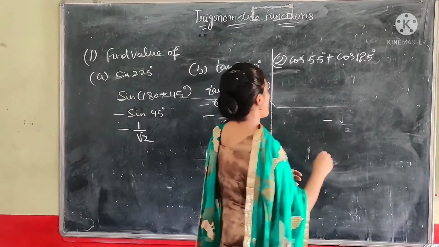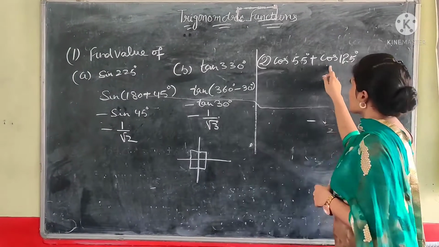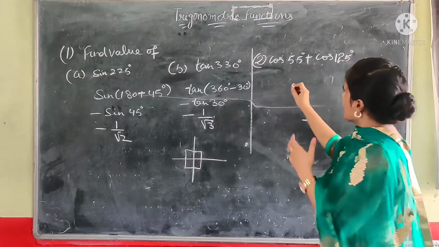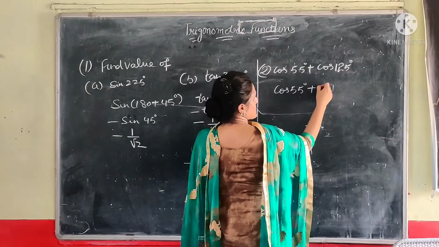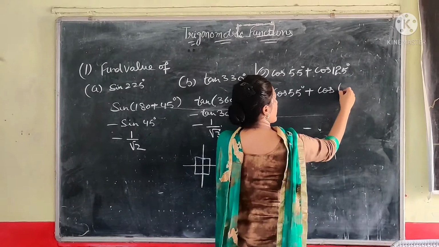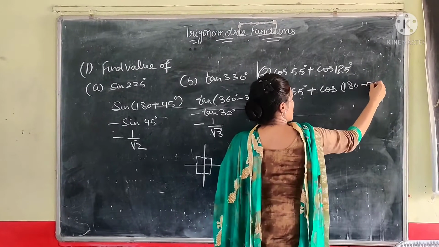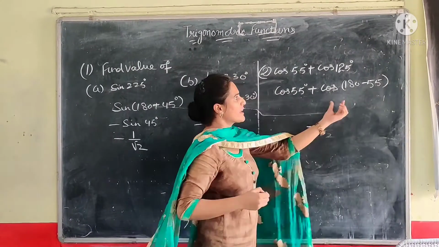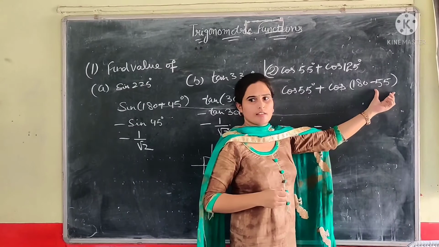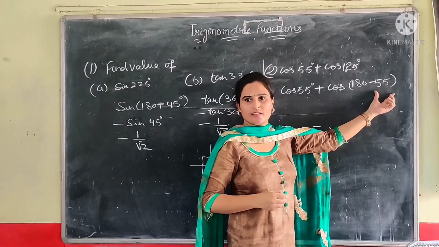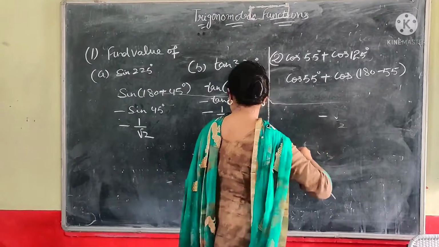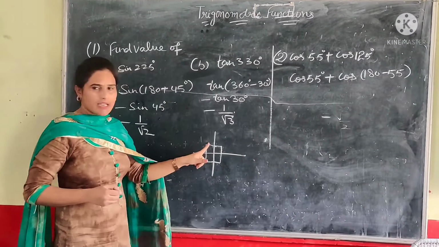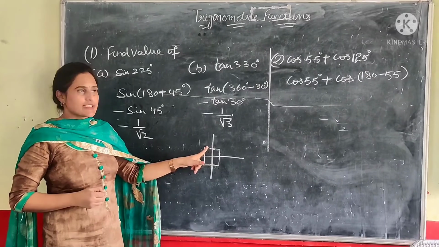Next question, cos 55 degree plus cos 125 degree. Now cos of 55 degree plus cos 180 minus 55. Now 180 minus 55 lies in which quadrant? 180 minus 55, 125. 180 minus theta, that is second quadrant.